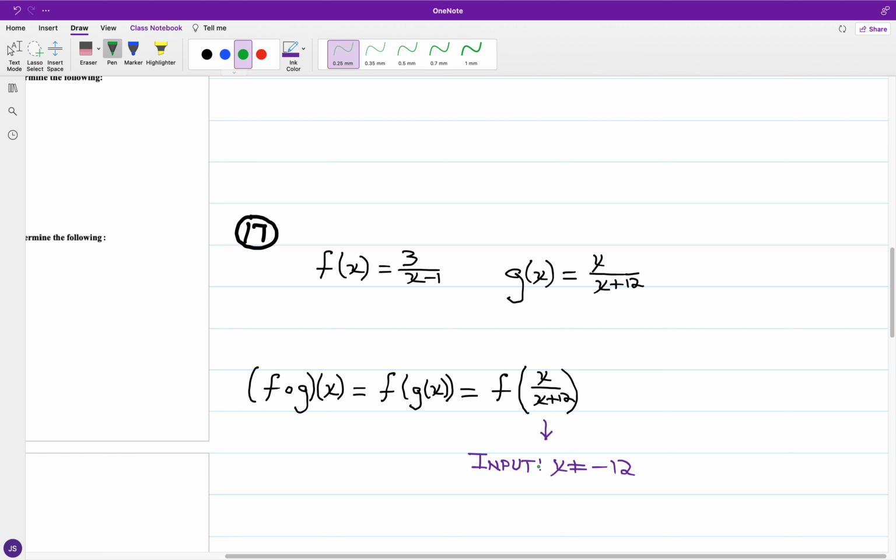For what to do with x over x plus 12, we're going to operate in accordance with what we have defined for f. So f of the input is equal to 3 over the difference between the input and 1, and this time the input is x over x plus 12.